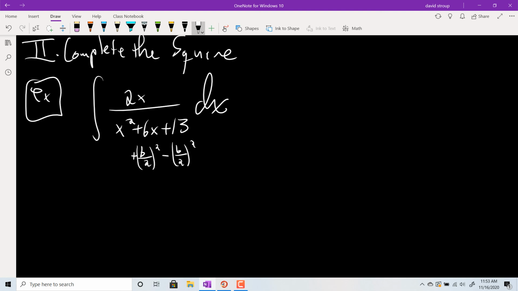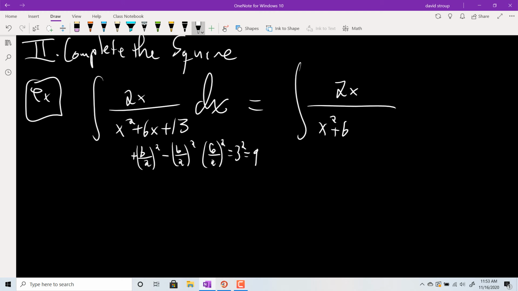All right, so in our case then, b over 2 will be 6 over 2. Sorry, my 6's look exactly like b's, so I try to write it a little nicer. 6 over 2 is really the same as 3, so I have to add and subtract 9. So this will be the integral of 2x all over x squared plus 6x plus 9 minus 9 plus 13.